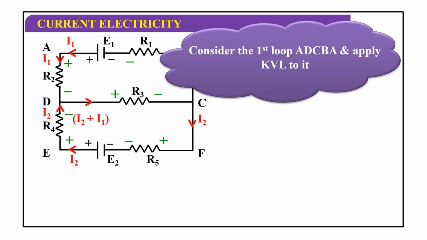Consider the first loop, A, D, C, B, A. When we apply KVL to it, in loop A, D, C, B, A, following the sign convention, I1 R2 should be negative.